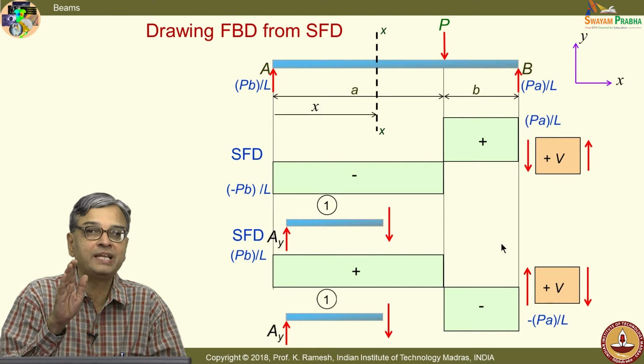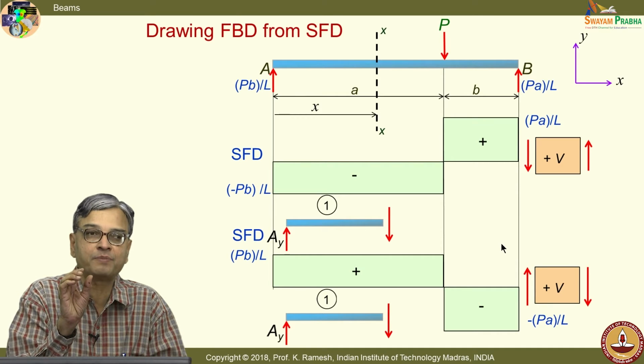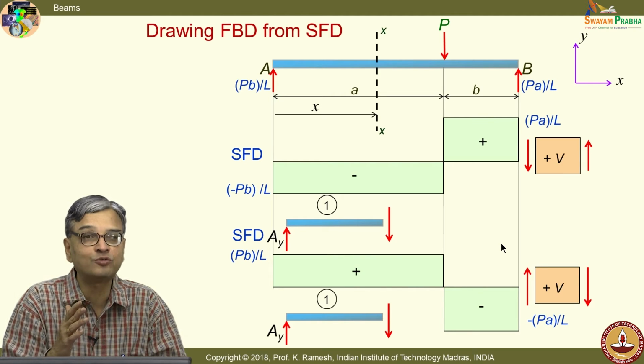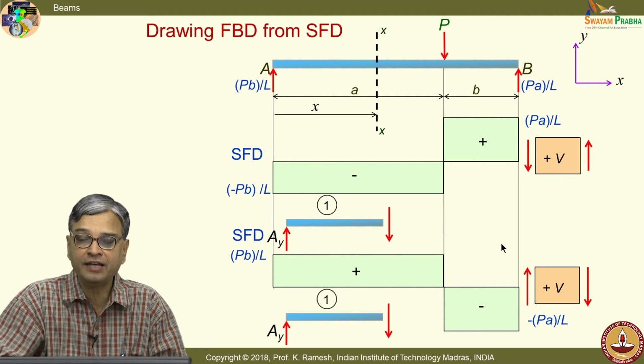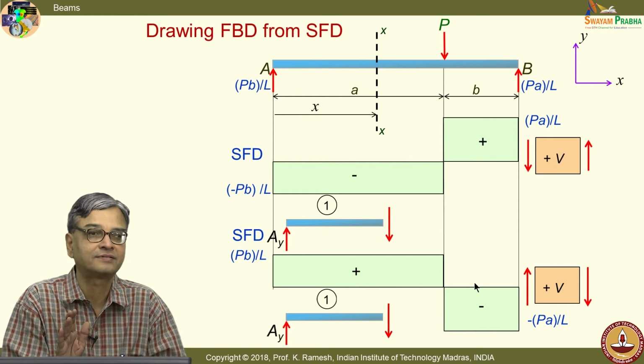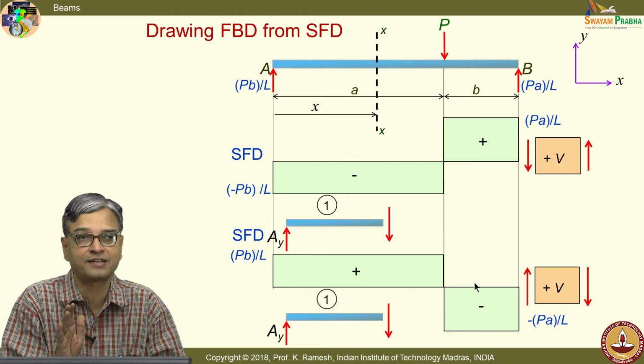So, please understand an isolated portion of the beam is identical no matter what sign convention I use, but definitely the appearance of the shear force diagram is totally different. You must recognize this fact.